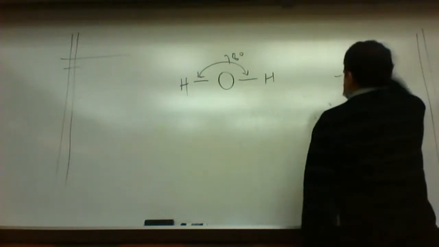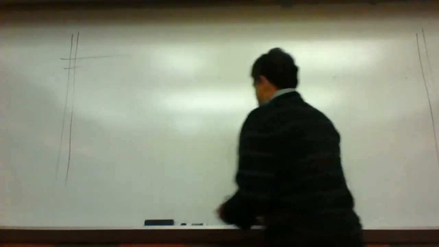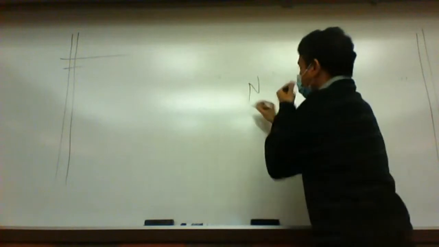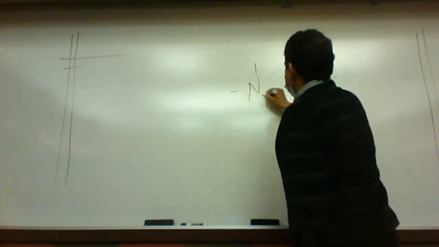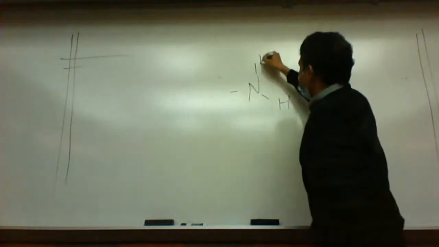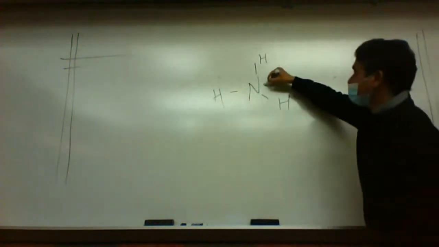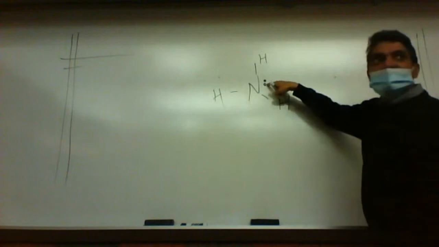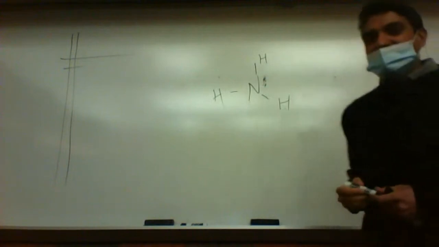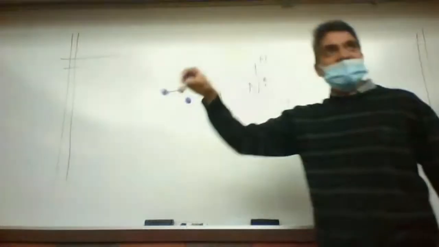And I gave another example, ammonia. So this is ammonia, NH3. If there were no dots on the nitrogen here, no lone pair of electrons, it would look like a planar structure.